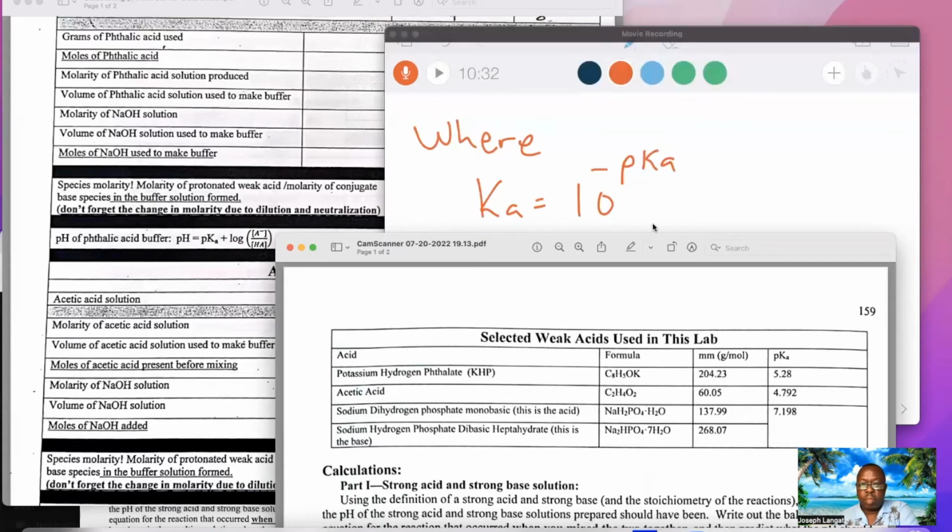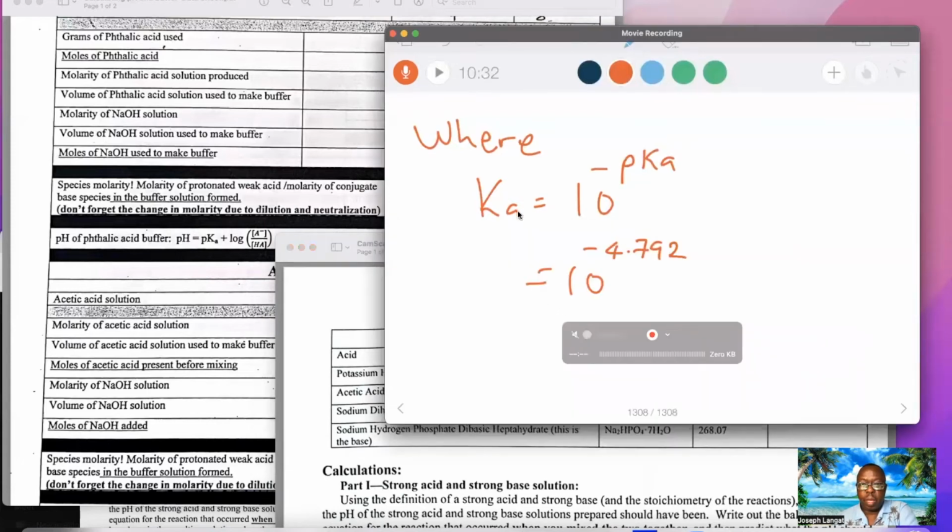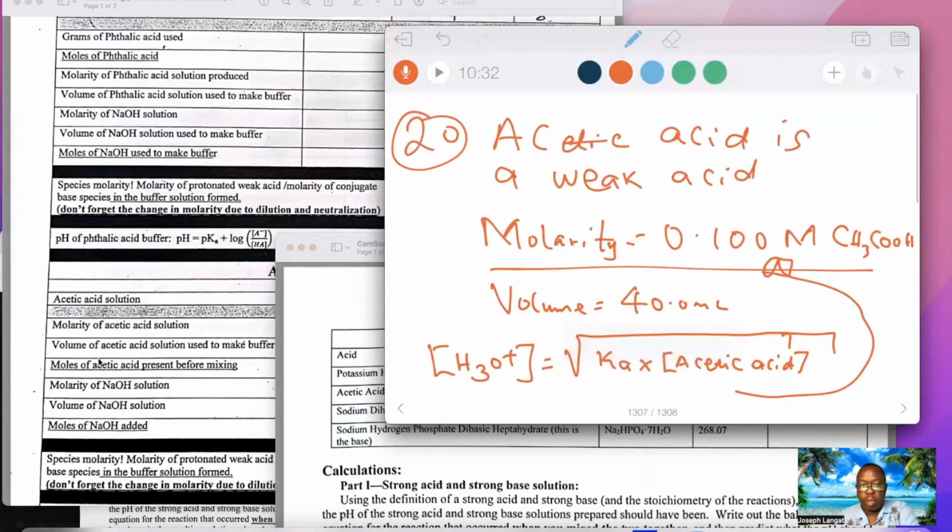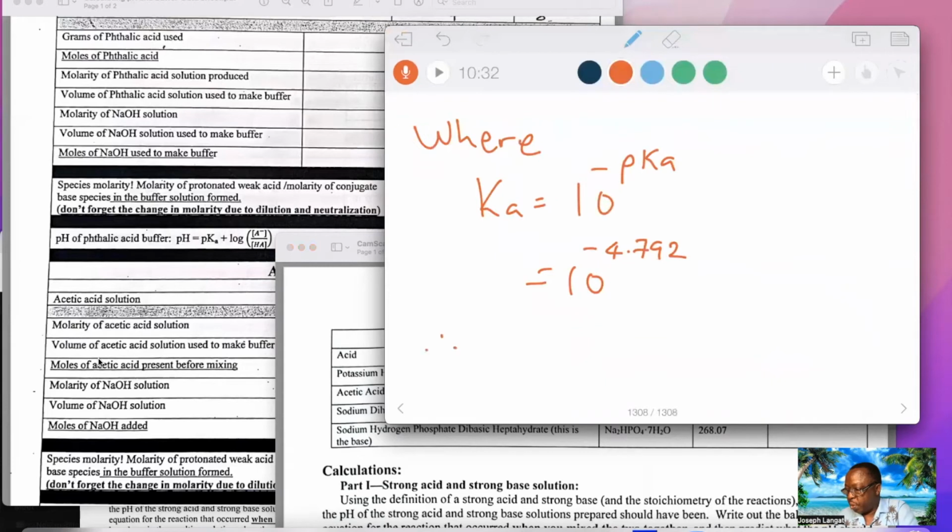So here you'll have the Ka, plug it in this equation to get the hydronium concentration. Therefore, pH is given by negative log of hydronium concentration. This is how you determine the pH of your acetic acid solution.